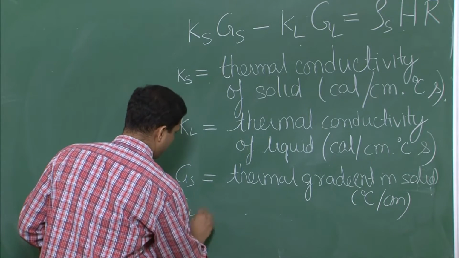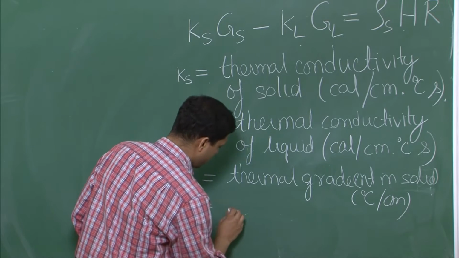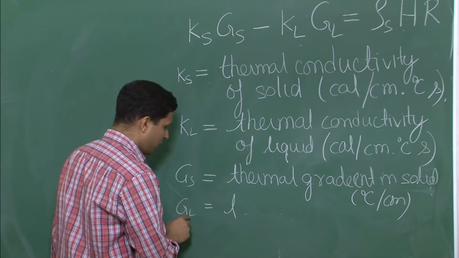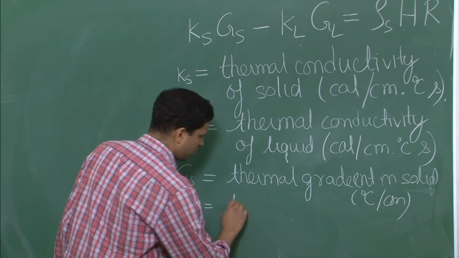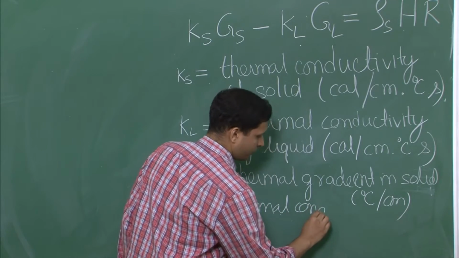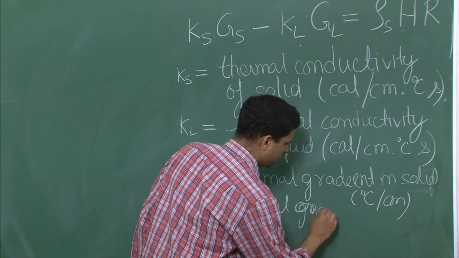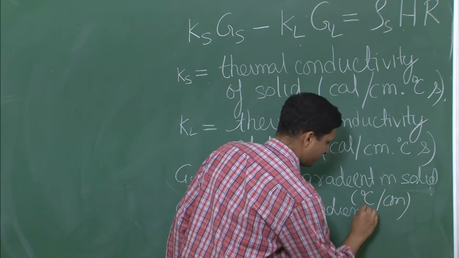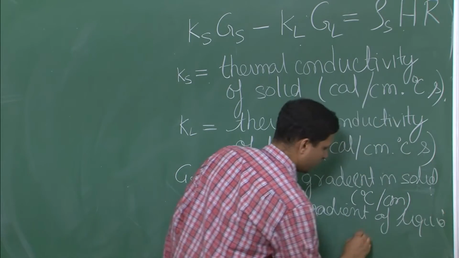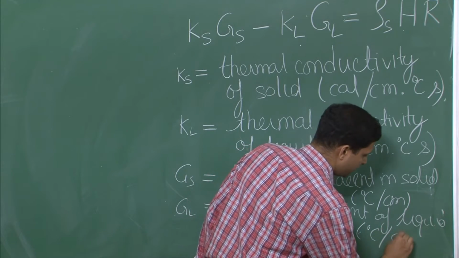And similarly, Gl is the thermal gradient in liquid. The subscript S is for solid, the subscript L is for liquid. So, Gl is the thermal gradient of liquid, and again the unit is degree C per centimeter.